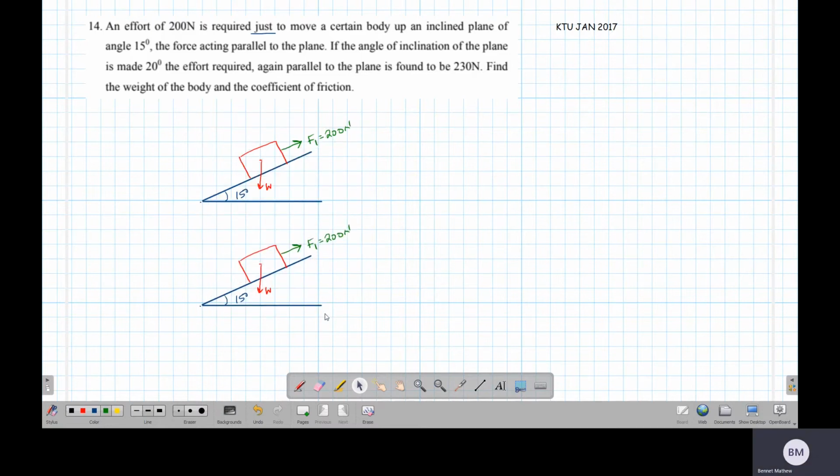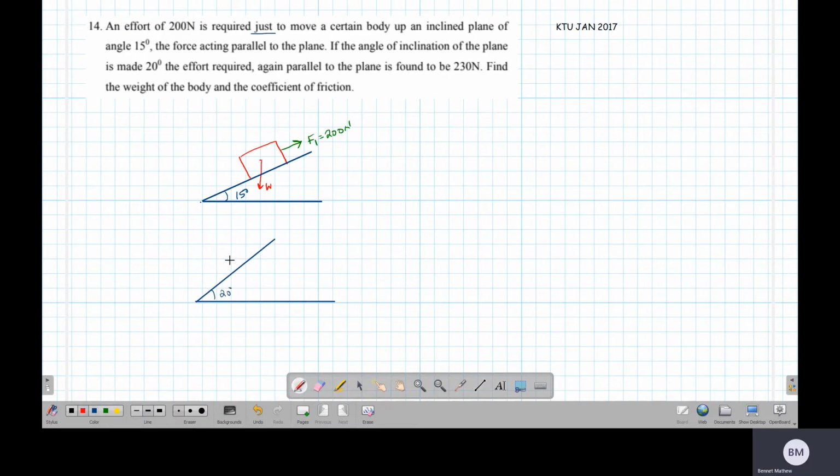the same body. The only thing is the inclination is changed now. So inclination is now 20 degrees. Let me draw the body again, at the higher angle, 20 degrees.